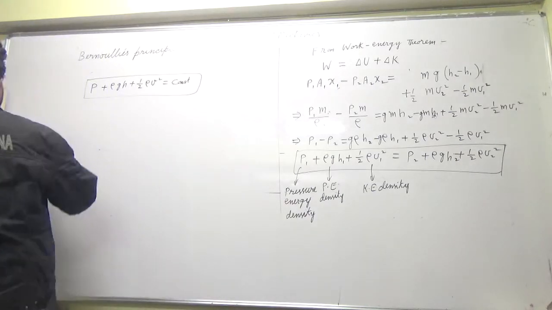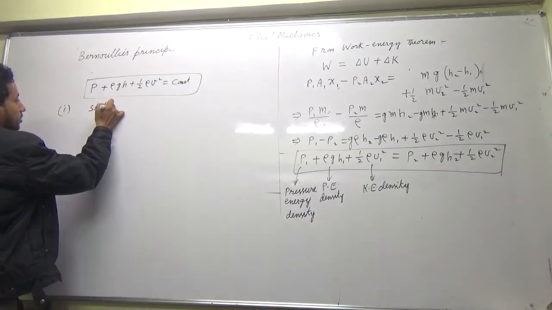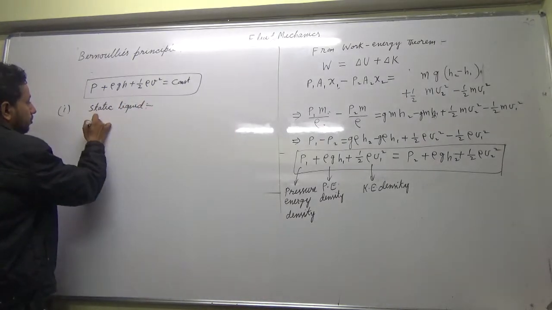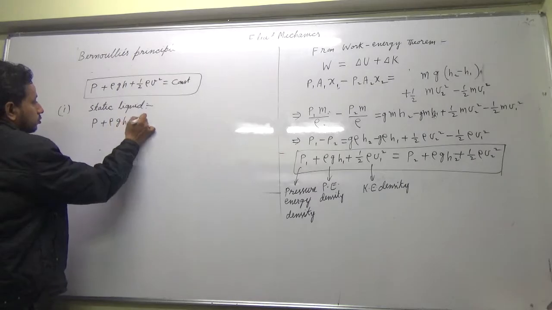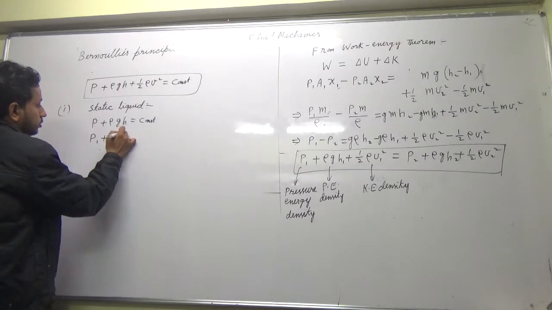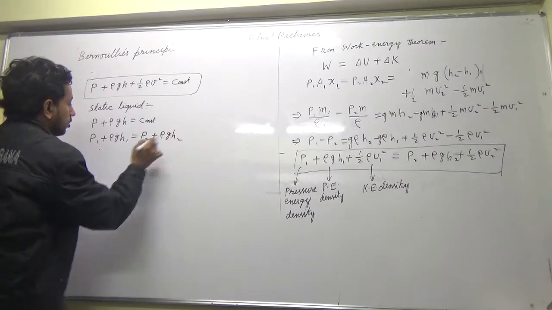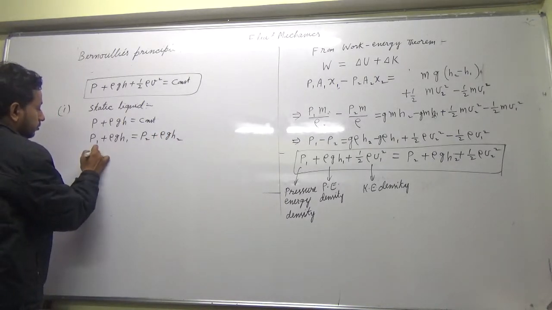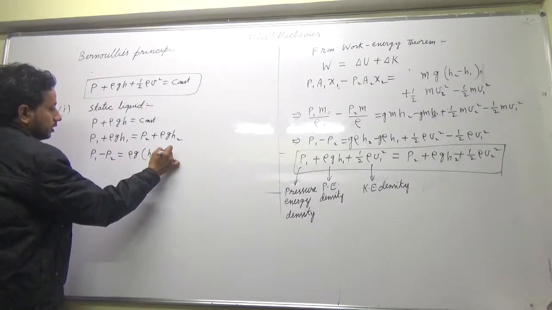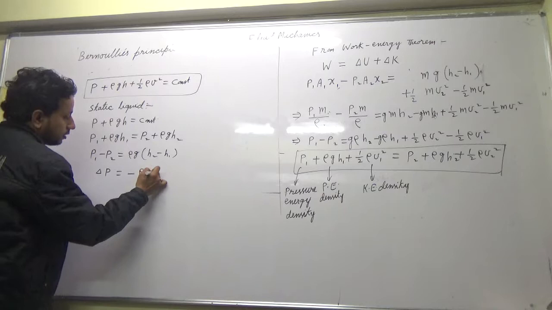So for static liquid, the first thing we will write: P plus rho gh is constant, or P1 plus rho gh1 equal to P2 plus rho gh2, or P1 minus P2 equal to rho g (h2 minus h1), or delta P is minus rho g delta h.